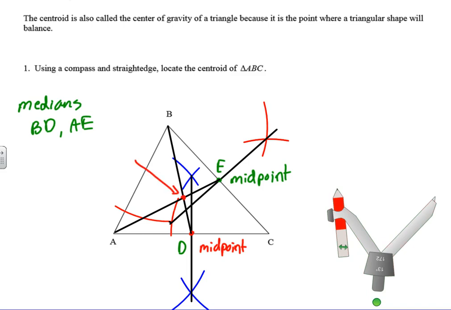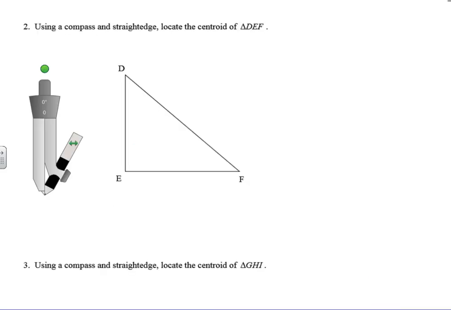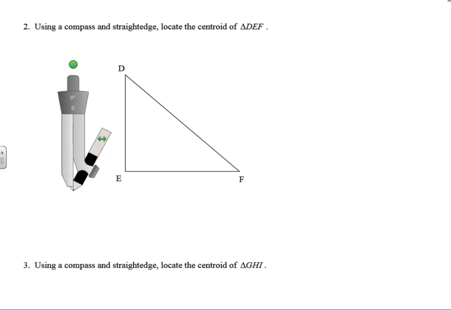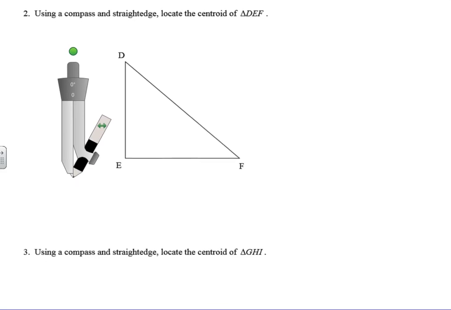So that point right there is our centroid. We'll do a few more of these, and you can go ahead and construct these. I'm not going to do it all right now, but go ahead and do the constructions for both of these.